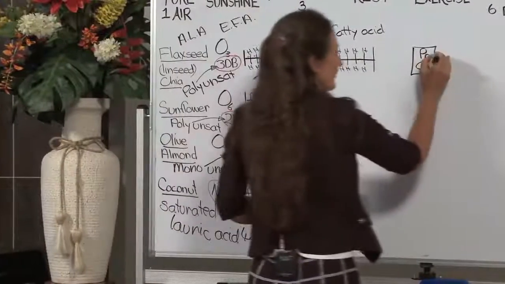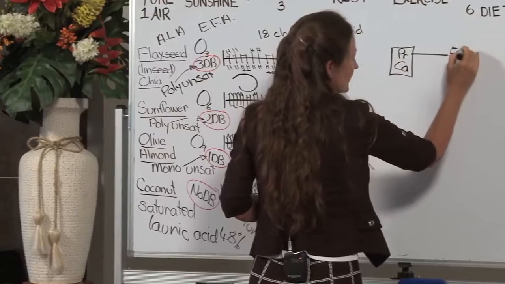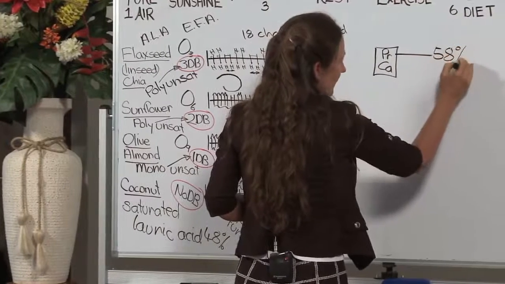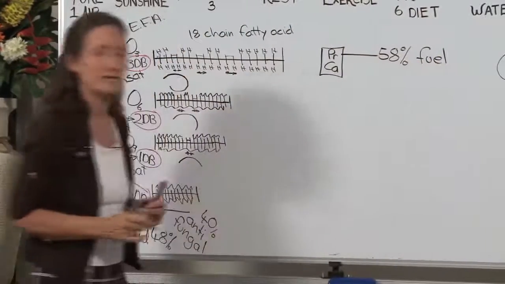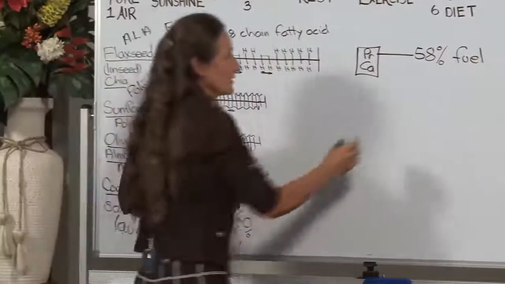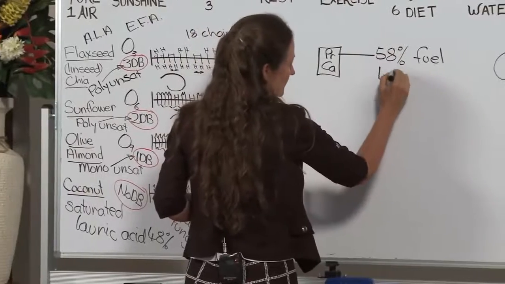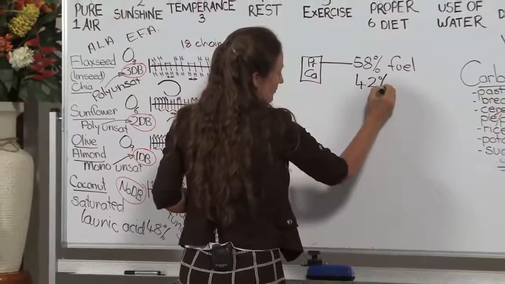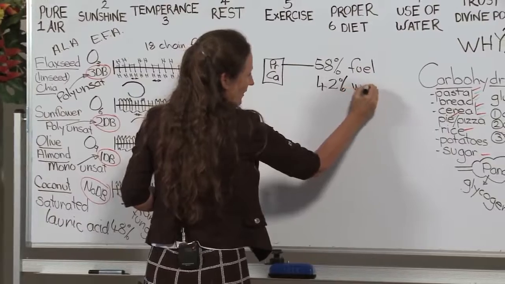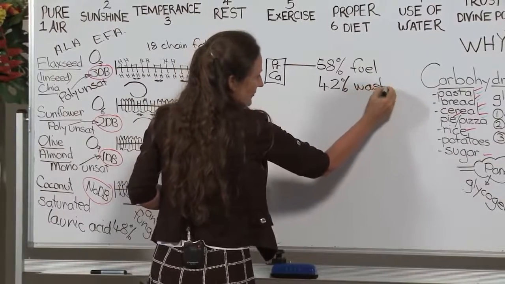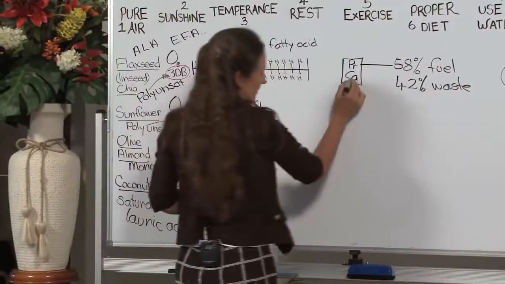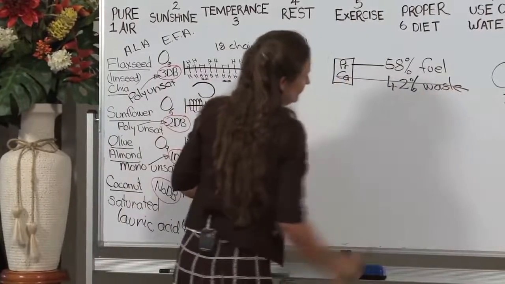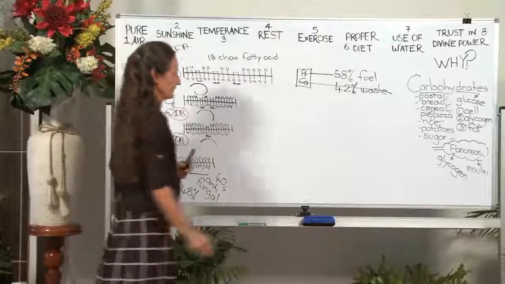In fact, only 58% of it is burnt as fuel. And that's leaving a sulfur waste which has a very acid effect on the body. So this 42% waste has to be neutralized or alkalized. And so the body uses the most alkaline mineral, which is calcium, to negate the sulfur residue.